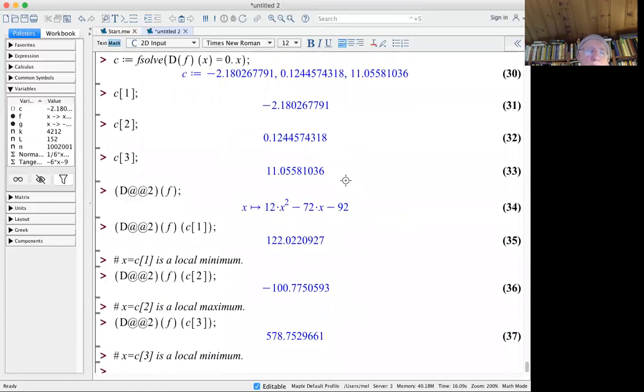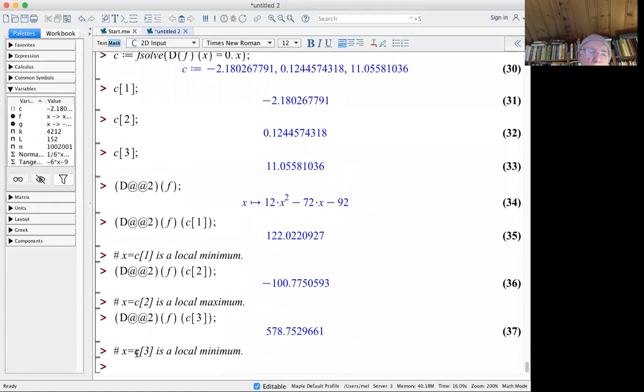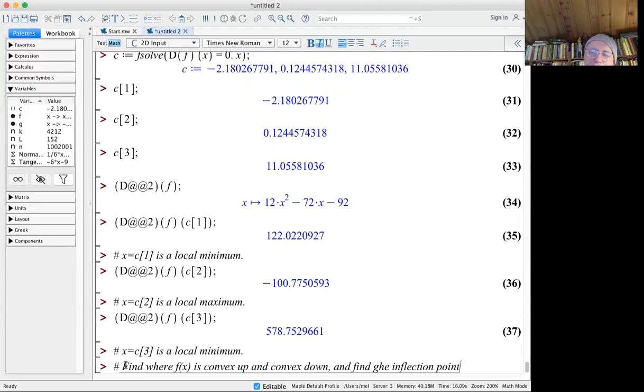So how do we find where f of x is convex up and convex down, and find the inflection points?